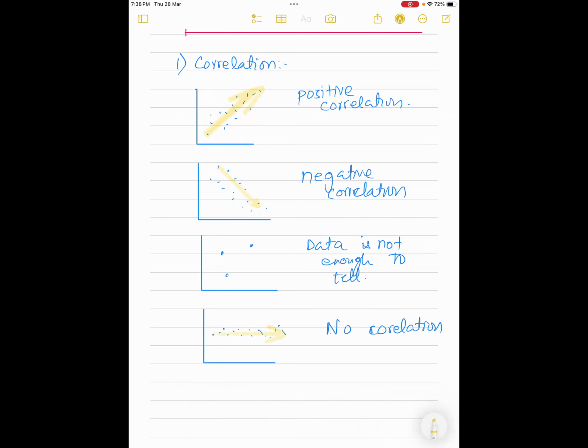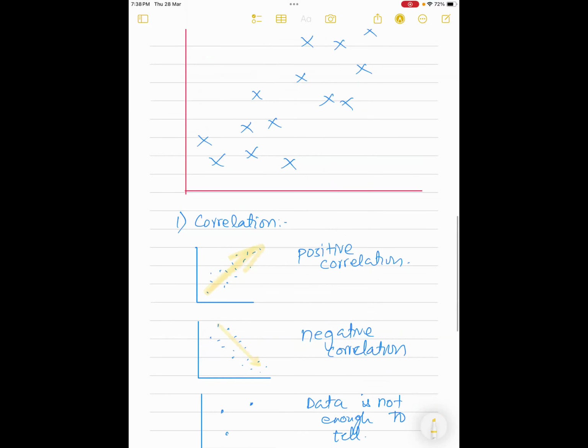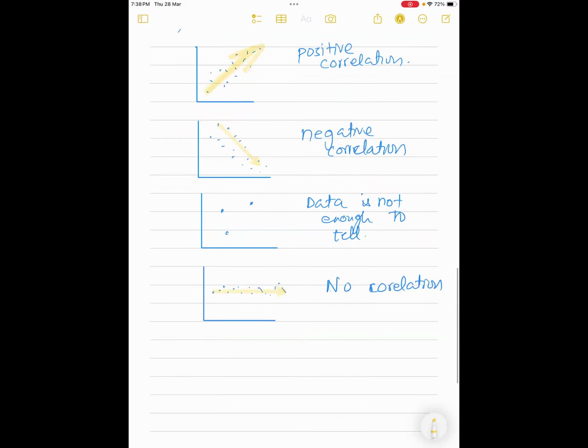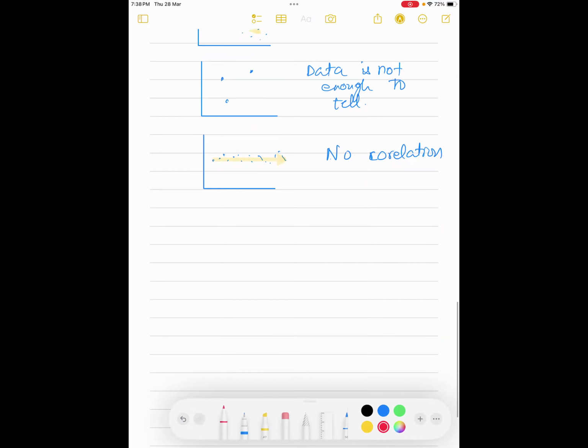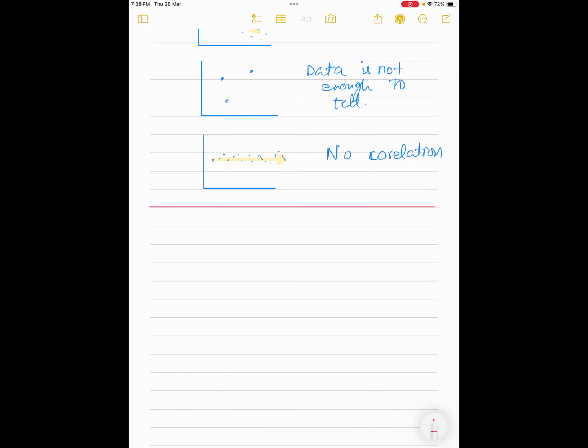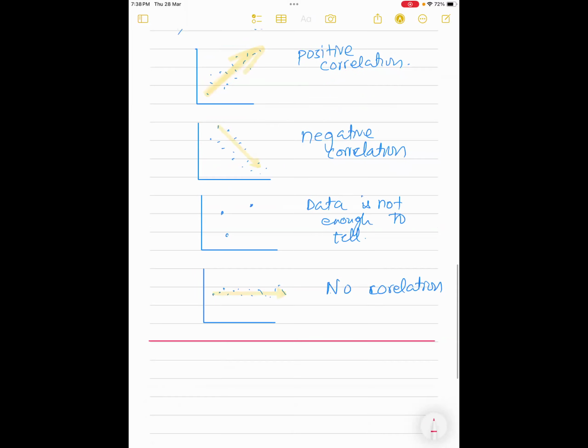If a straight line, it's no correlation. And when the values are not enough, you can say that data is not enough, so we cannot tell whether it is positive or negative correlation. Then the examiner can ask you about the line of best fit, but we will practice that during the practice.